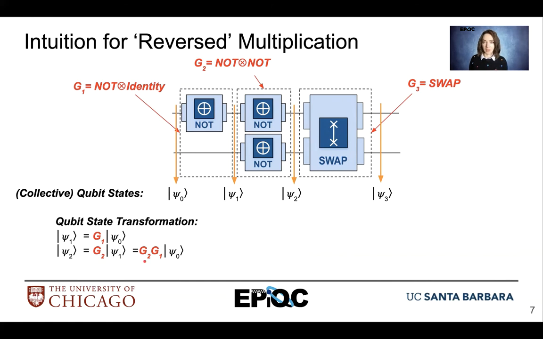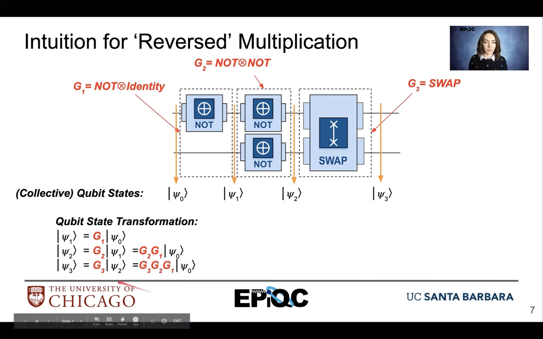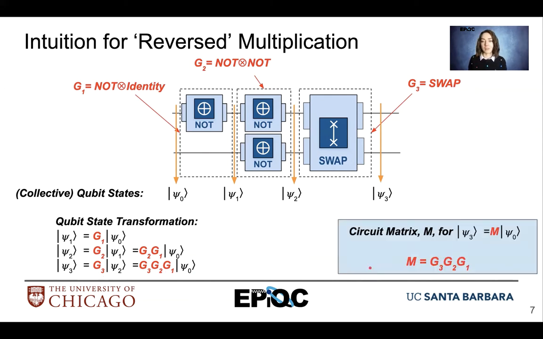And if we think about what that actually represents, it's G2, G1, state 0. To determine state 3, we have G3 times state 2, or G3, G2, G1 times our initial state, state 0. Even though it seems like we're doing our multiplication in reverse, going from G3, G2, G1, it's actually how the state progresses through the gates.